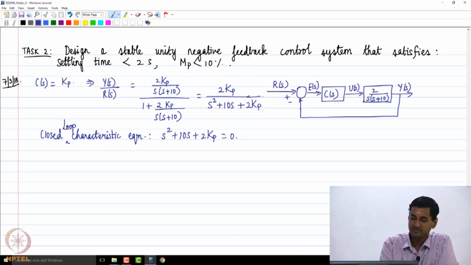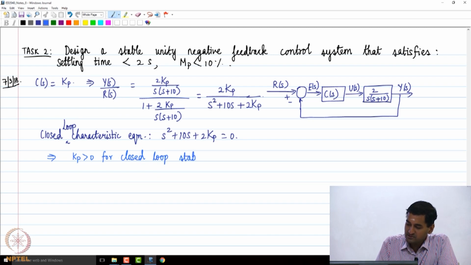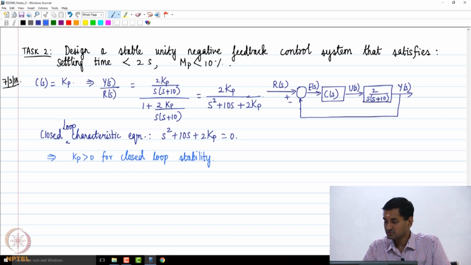So this implies that Kp has to be greater than 0 for closed loop stability. So for stability of the closed loop system, we need the proportional gain Kp to be positive.